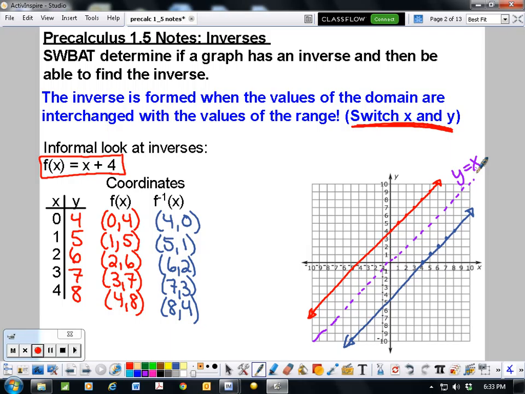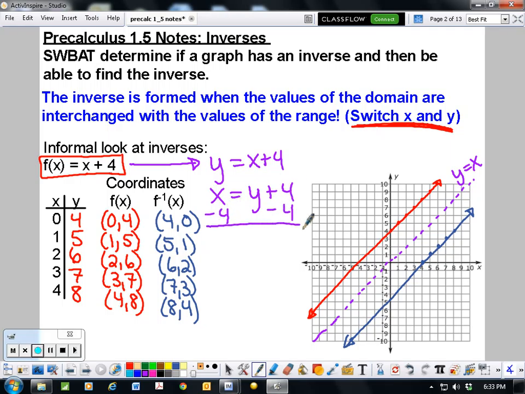And so to be able to find an inverse, if I rewrite this y equals x plus 4, I can actually switch those around and solve for y. And that gives you the equation of my inverse. And you can tell that's probably what my graph would look like if I could draw a straight line.